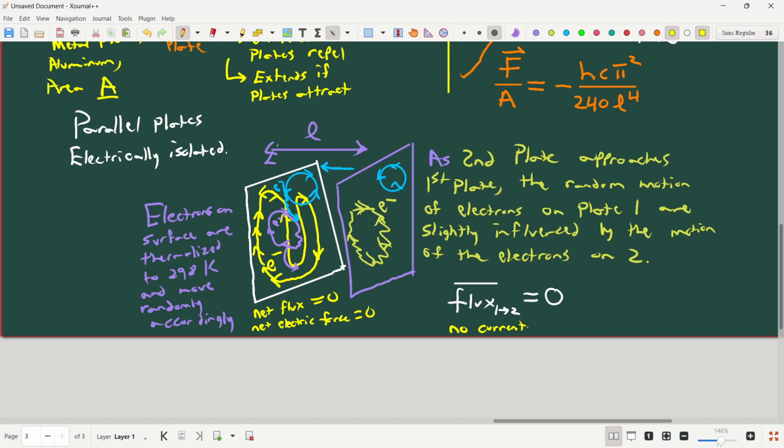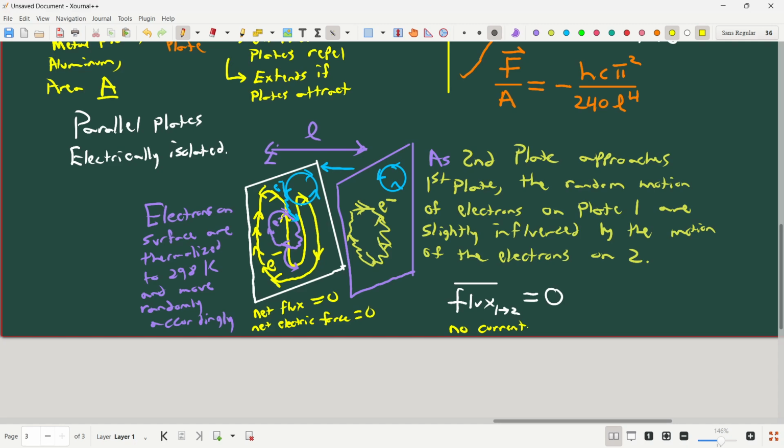But that's on average. There are random times where one of the electrons might screw up its random velocity and cause a little instantaneous voltage because it wants to get away from one of these. There might be these little instantaneous motions where the electrons have to move that isn't random. It's not a random motion because it's got to get away from one on plate 2.